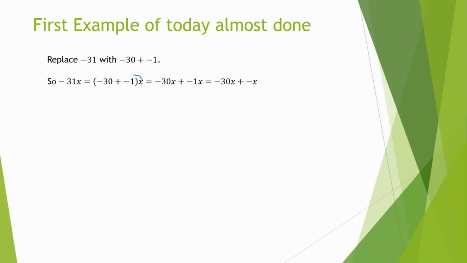In other words, I'm going to distribute. So here we get negative 30 times x, and we have negative 1 times x, which is the same as this. So I replaced negative 31 with this sum, and then I distributed x, as you can see. That's all I'm doing.